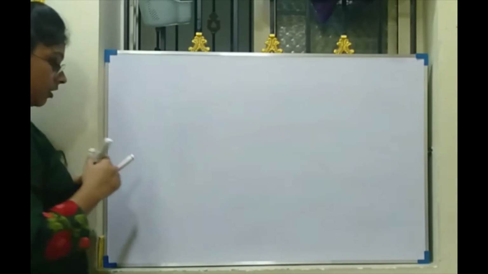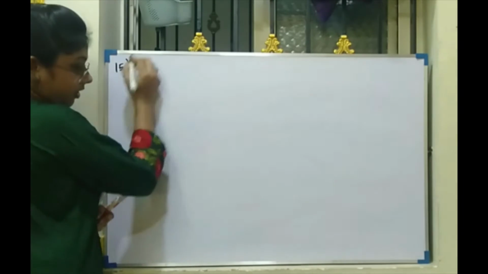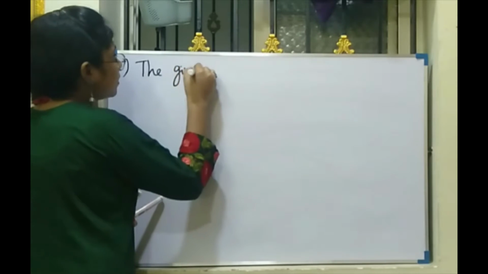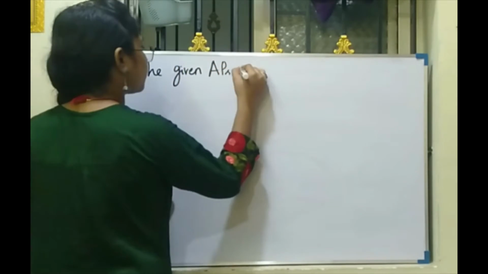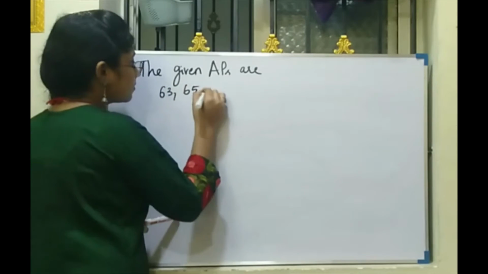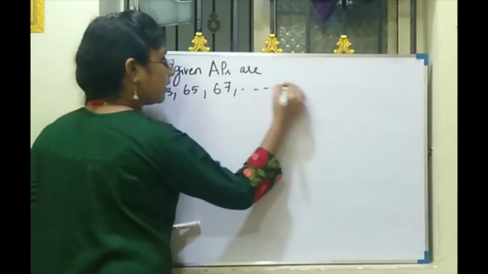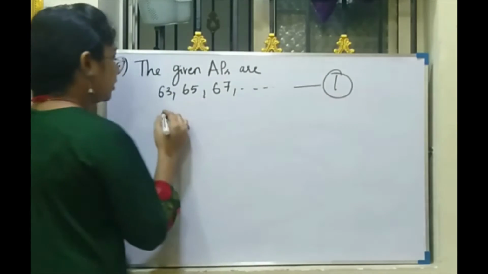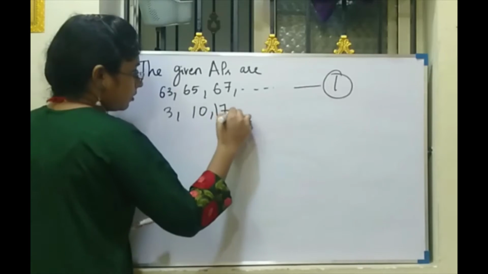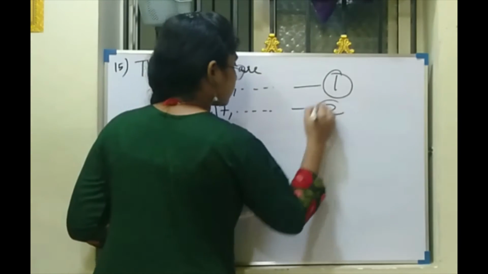Here the given APs are 63, 65, 67, and this is the first AP. This is the second AP.